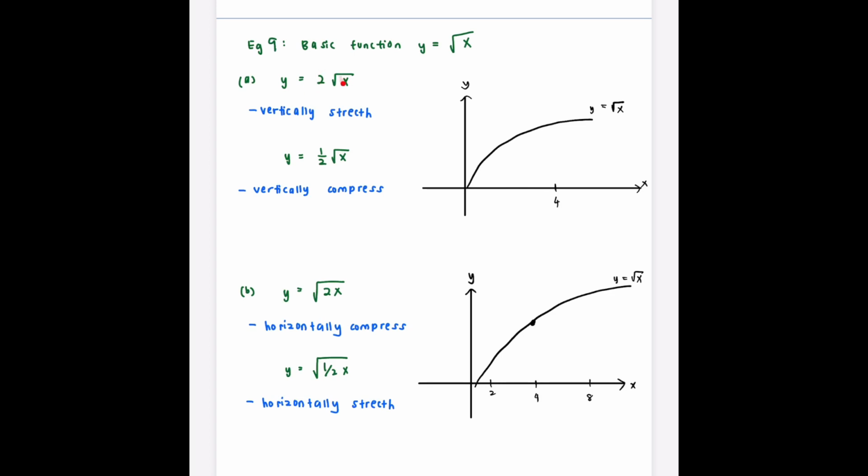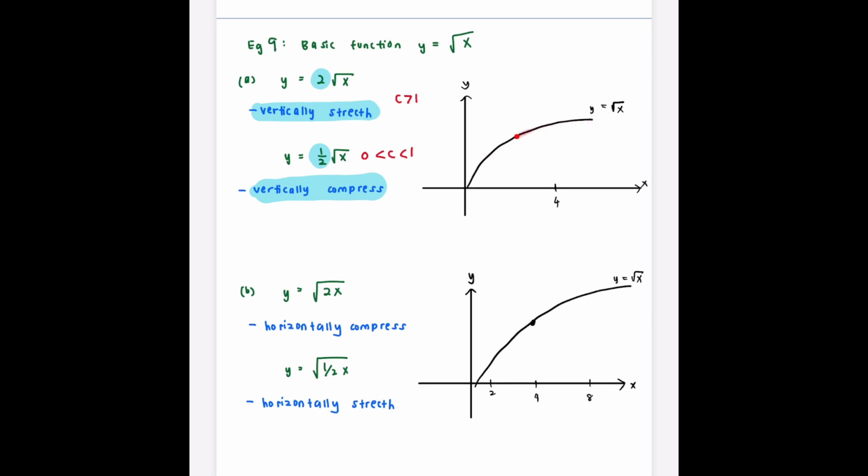So if you have 2 outside the function, this one will be vertically stretched. 2 is outside, vertically stretched. If half is outside, vertically compressed. Okay, this one is related to your C more than 1. This is your C between 0 and 1.